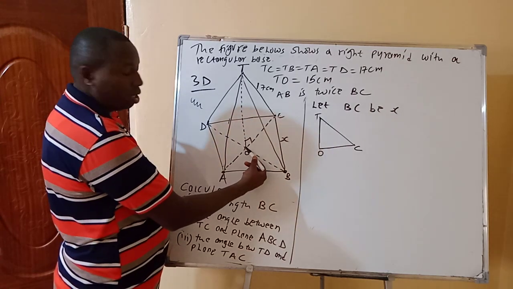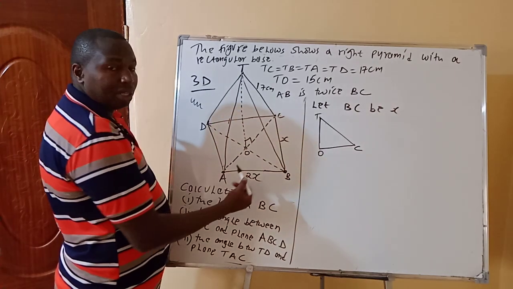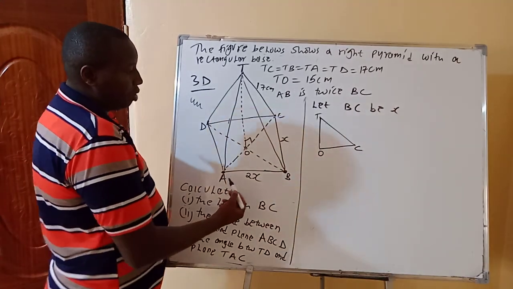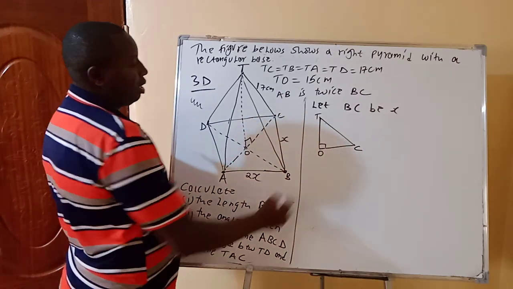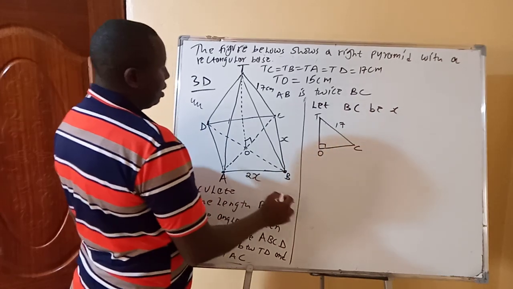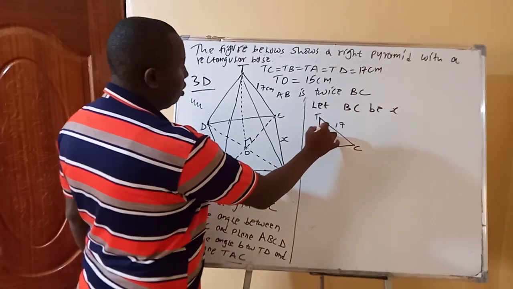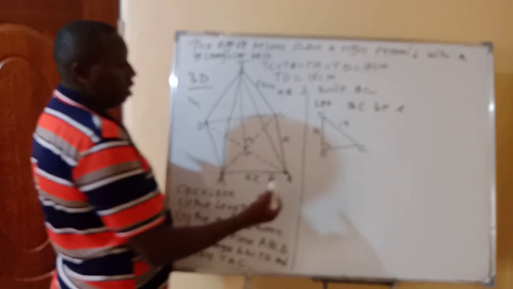The point of intersection bisects the diagonal. Angle TOC is 90 degrees, TC is 17, and TO is 15. Can you find OC?